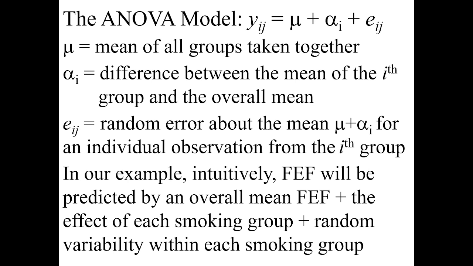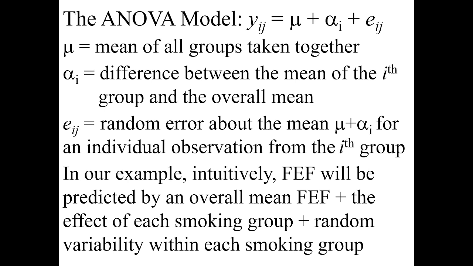So in our example, intuitively, FEF will be predicted by one overall mean FEF for all groups, plus the effect of each smoking group. In one group it may be smaller, in another group it is further smaller, plus a random variability within each smoking group.